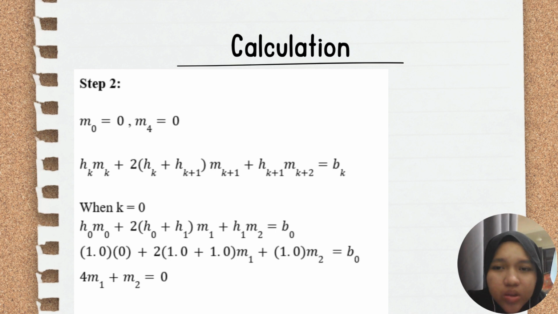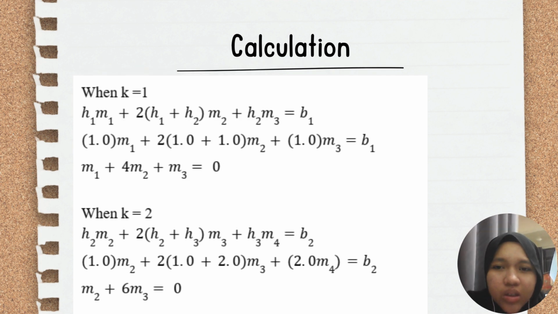For the next step, which is step 2, we know that M0 equals 0 and M4 equals 0 based on the table. So we calculate and get this equation: when k equals 0, we get one equation, which is 4M1 plus M2 equals 0. Then when k equals 1, we get another equation, which is M1 plus 4M2 plus M3 equals 0.